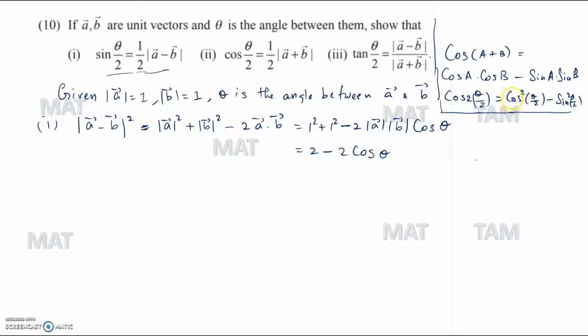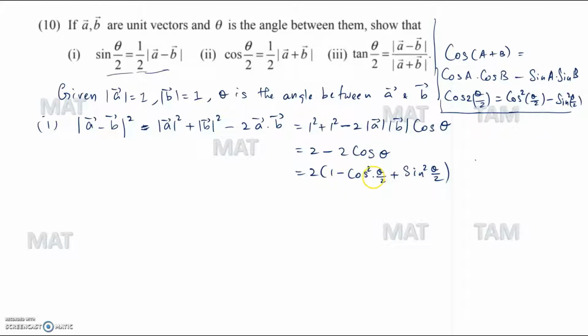So using this, we can take the 2 out, so 1 minus, instead of cos theta, we can replace this as cos squared theta by 2 minus sin squared theta by 2.